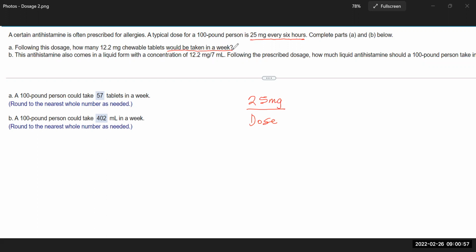Now, that means that we need to know how many 25 milligrams of antihistamine will be taken in a week. All right, so let's break this down. Now, if 25 milligrams of the medication is taken every 6 hours, how many doses will be taken in a day?